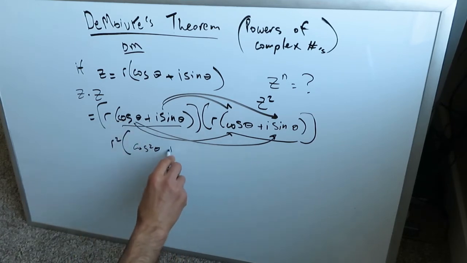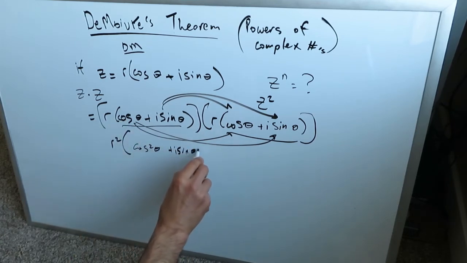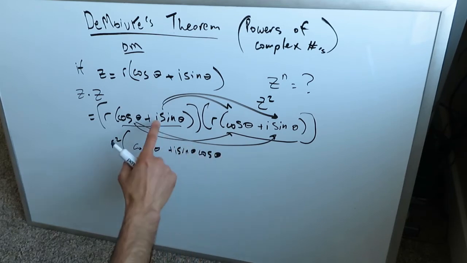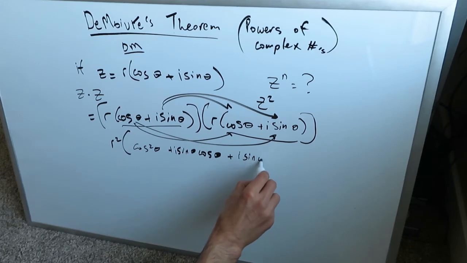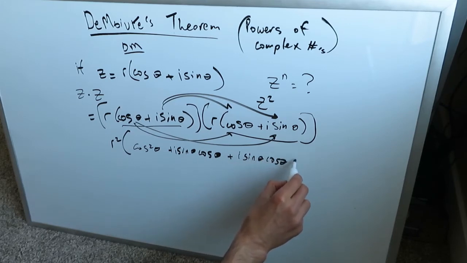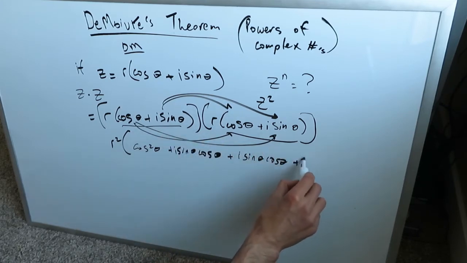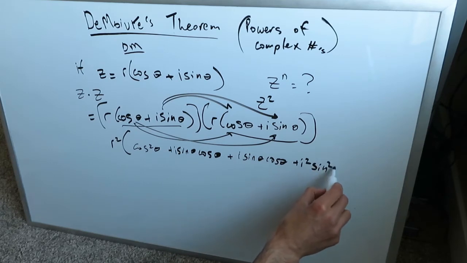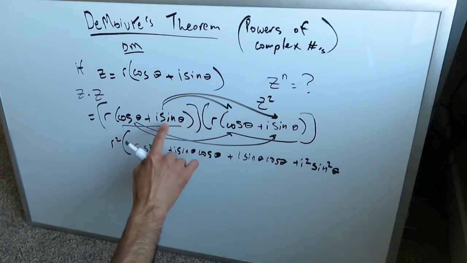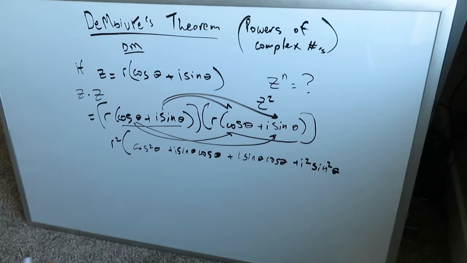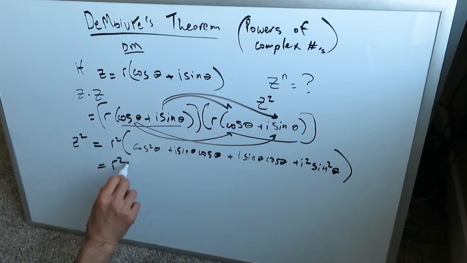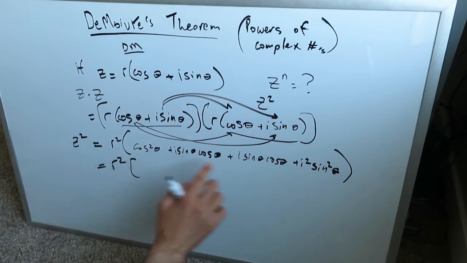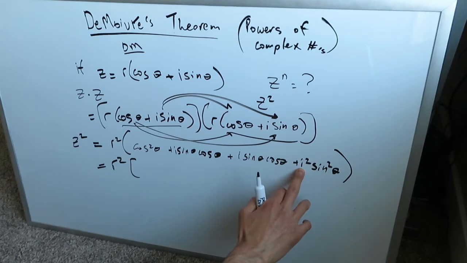Then here you'll get plus i sine theta cos theta, and you get the exact same thing over here with this inner term, i sine theta cosine theta, and then you'd get plus i squared sine squared theta. You see this term right here multiplying with that, you develop that i squared. And then let's close this off. So right now z squared is yielding this, but we've got to simplify it all.